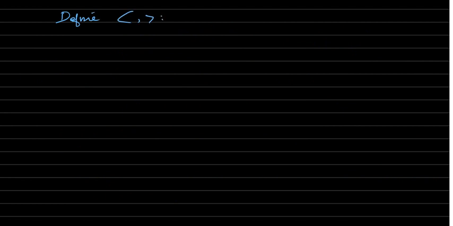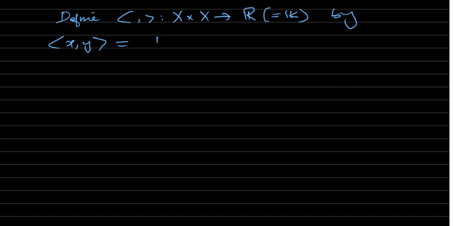Okay, this is given. So now define this function from X cross X to R, because our scalar field is the real numbers. Inner product of x, y is equal to 1 by 4 times norm of x plus y whole square minus norm of x minus y whole square.